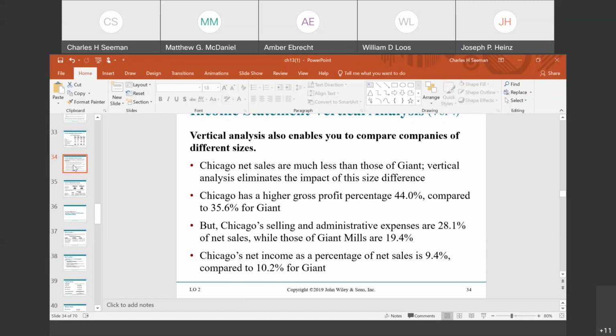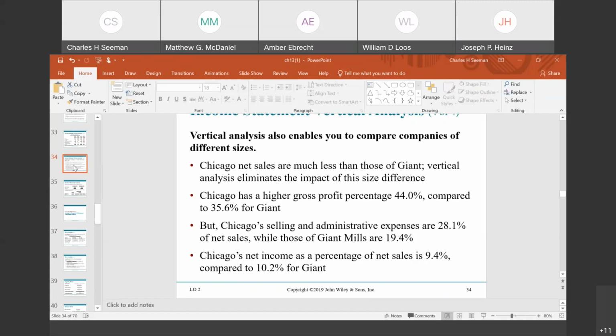As I said, Chicago is getting 44 cents of every dollar generated in revenue to gross profit, whereas Giant is getting 35.6 cents for every dollar. So Chicago is better at operating or producing product.